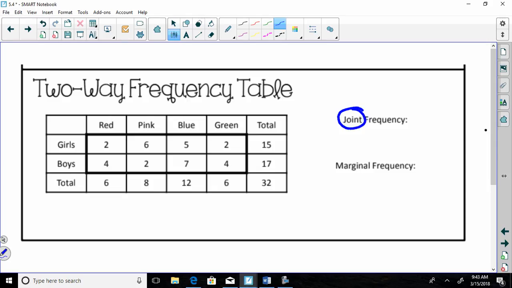If I walk around and say, what color do you like, and two girls say pink, that would be your data, right? Here are the different data points when I walked around for the amount of people that answered a certain question. That's your actual data. So your joint frequencies is basically your actual data.